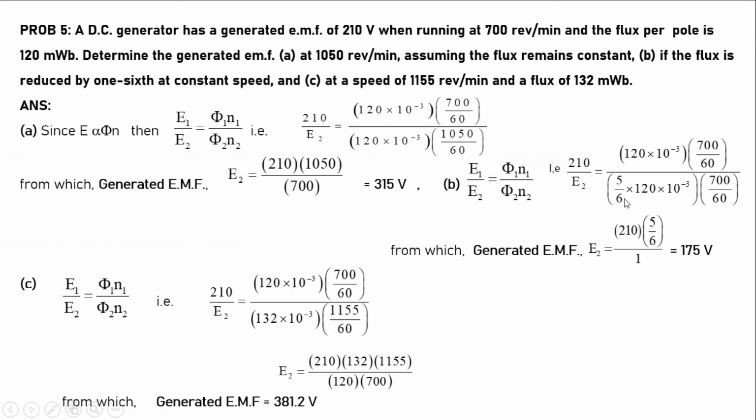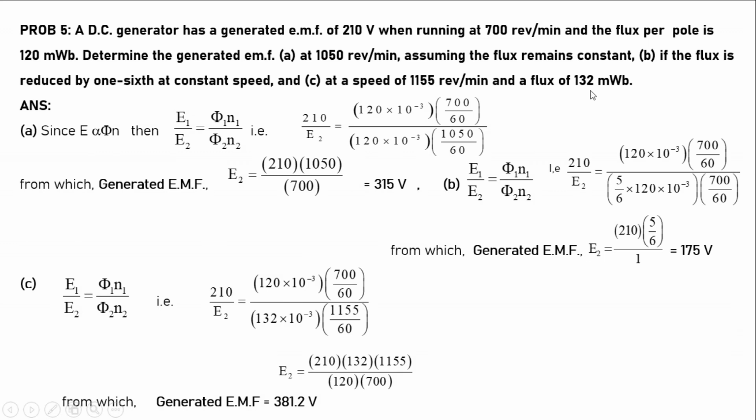You have to understand that reduced by 1/6 means the remaining is 5 by 6 of that particular flux, 120 milliweber, and the speed remains the same since it is constant. By solving this we get E2 as 175 volts.